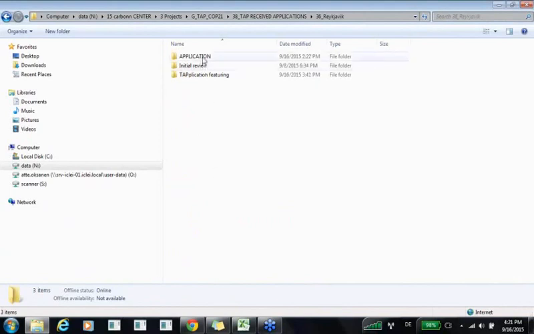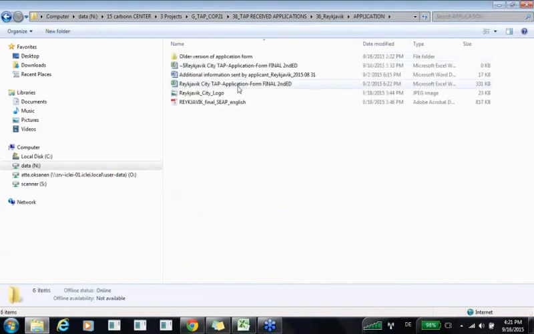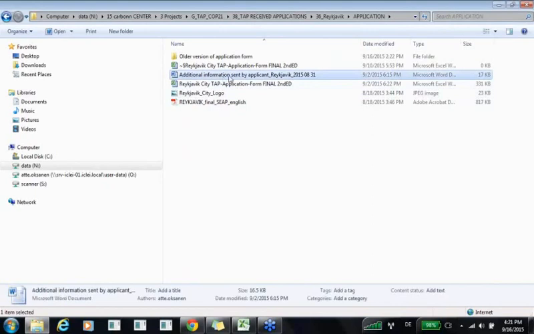So here you have the application form itself, as well as the supporting documents that were sent to us, as well as some additional information that was sent by the applicant, but more about that a bit later. All of this information should be used when assessing the application.